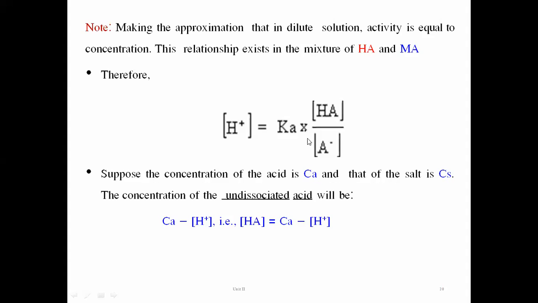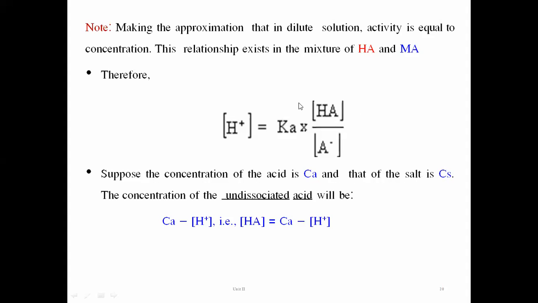Therefore, if we rearrange the equation in this manner, taking H+ to the left-hand side, H+ = Ka multiplied by HA divided by A- ion. Suppose the concentration of the acid is Ca and the concentration of its salt is Cs.